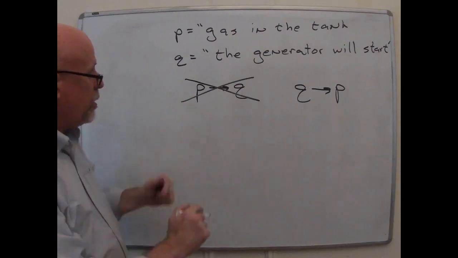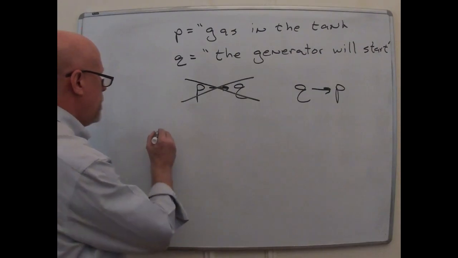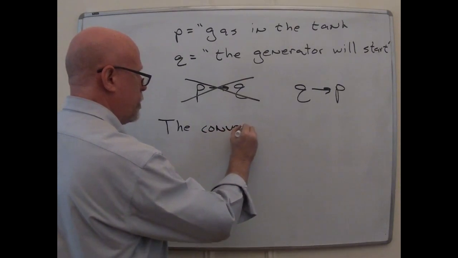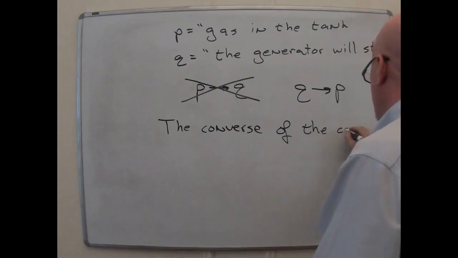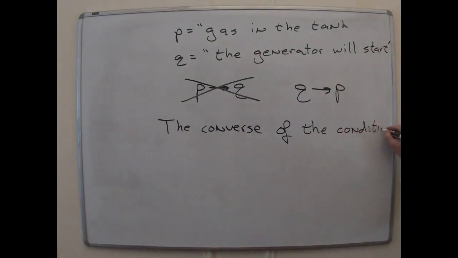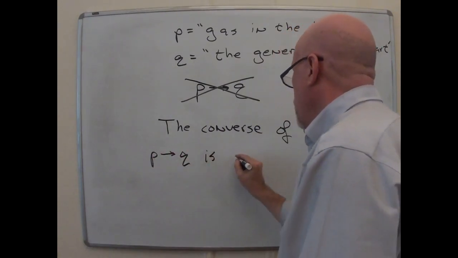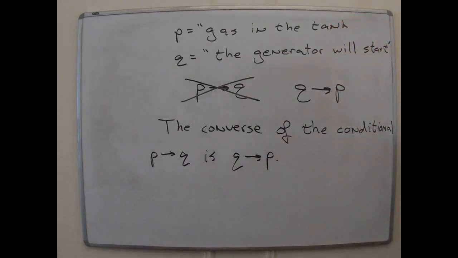Well, this kind of error is so common that you have to have a name for it. This is called the converse error. The converse of a conditional is what you get if you just switch the order of the parts. The converse of the conditional P implies Q is Q implies P. And frankly, we mostly have the converse sitting around for us to tell people, you got that wrong.